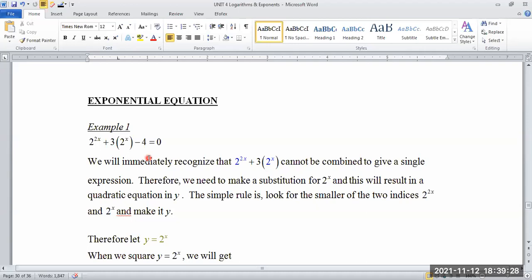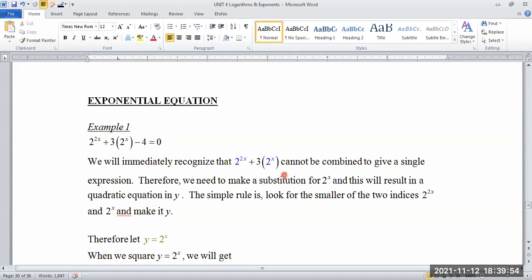We will immediately recognize that 2 to the 2x plus 3 times 2 to the x cannot be combined to give a single expression. And my question to you is why, sir? It is so because all the laws that we have done spoke about a to the m multiplied by a to the n, or a to the m divided by a to the n.